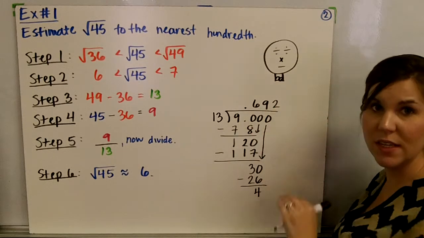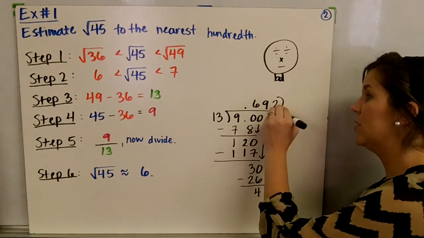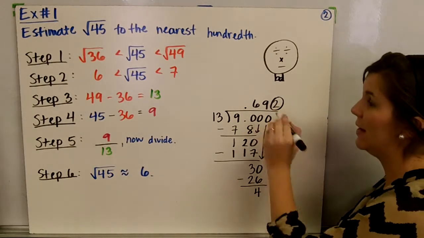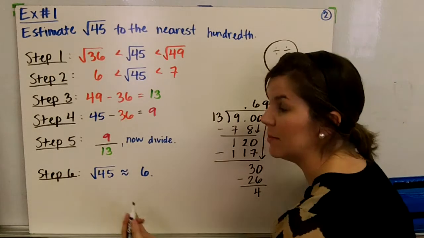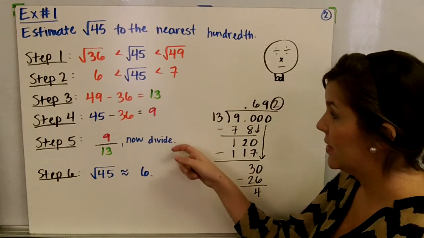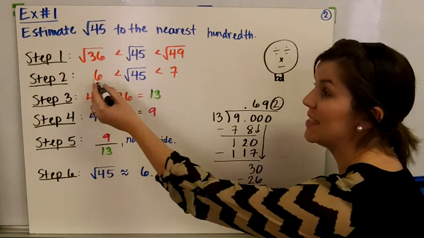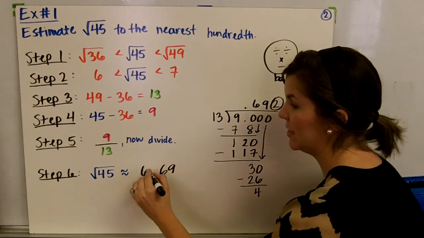And we have enough places after the decimal so we can stop. So I know this 2 is not going to round that 9 up, so 0.69. So step 6, combine your answer from step 2 and step 5. So I know it's going to be 6.69. So my answer will be 6.69.